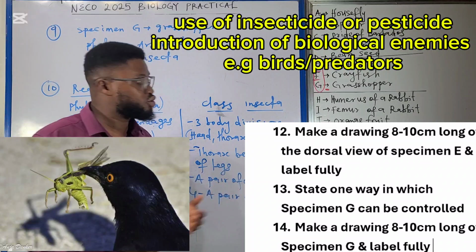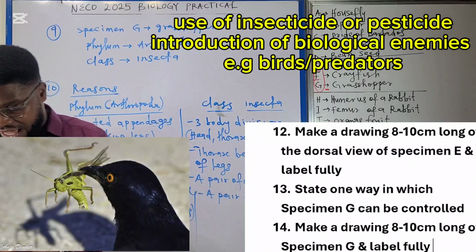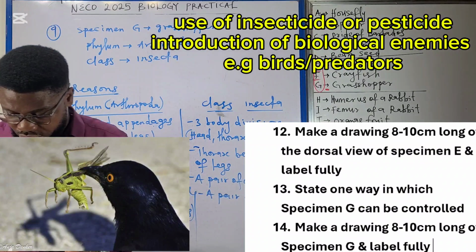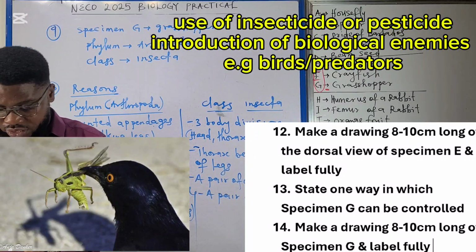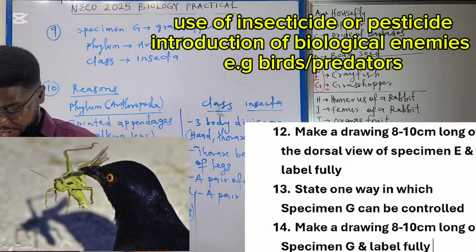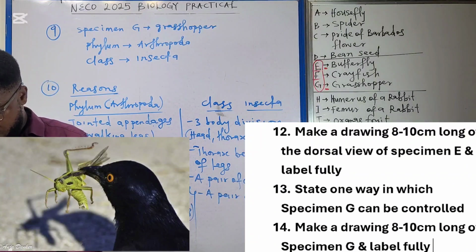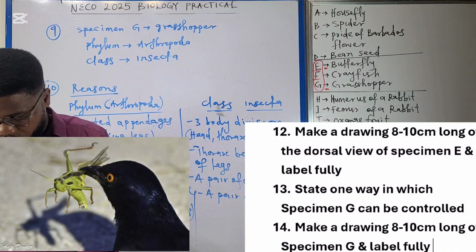Those are at least 2 ways by which we can control specimen G. If we have birds on the farm, birds feed on grasshoppers, so we can control specimen G that way.